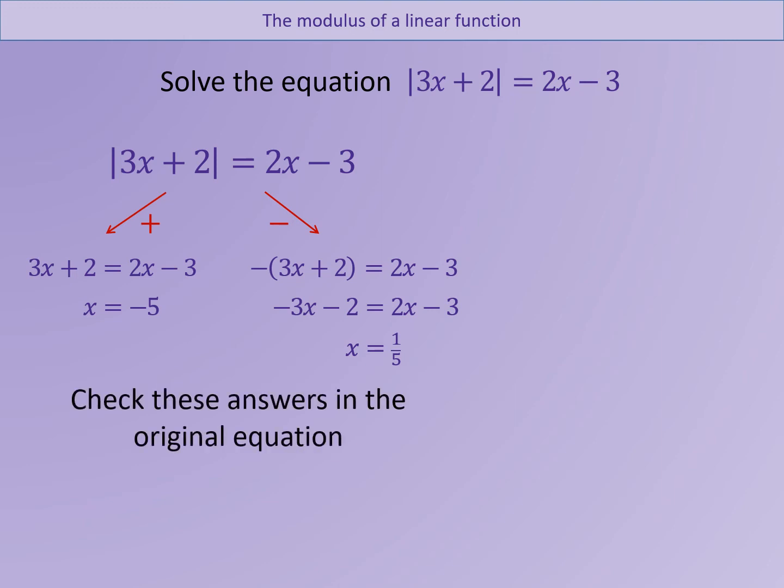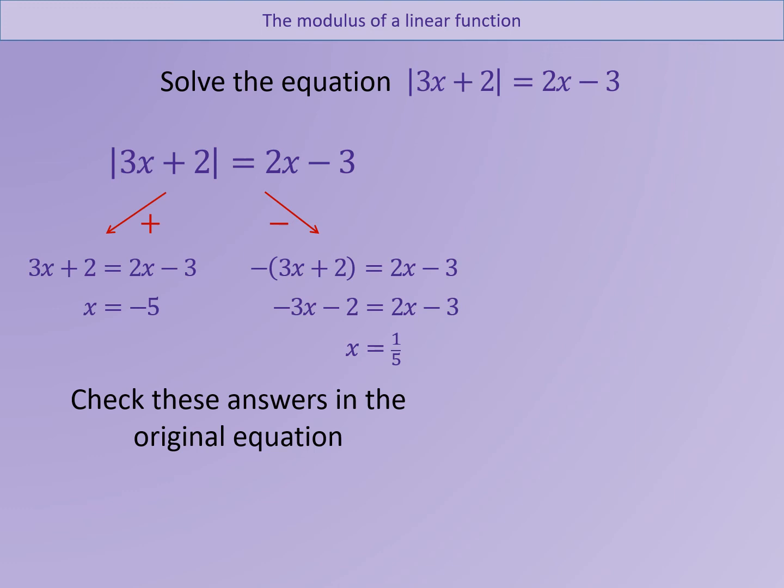What I'd like you to do is check those answers in the original equation and see what you notice. If I put these values back into the original equation, something a bit strange happens. If I put minus 5 in here, 3 times minus 5 is minus 15.